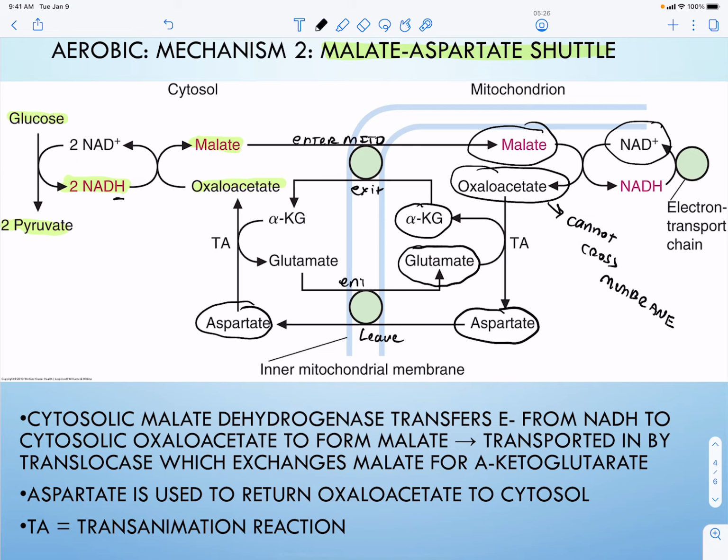Glutamate can enter, and glutamate will regenerate alpha-ketoglutarate. So alpha-ketoglutarate can exit, so malate with the electrons can enter. This whole process is to get malate with those electrons from glycolysis into the mitochondria, so it can go to the electron transport chain, and then you can generate ATP.